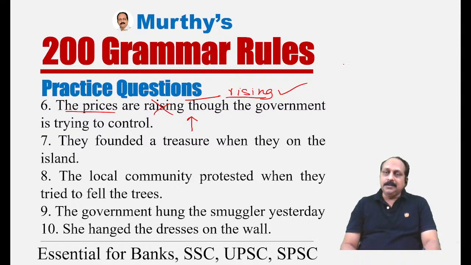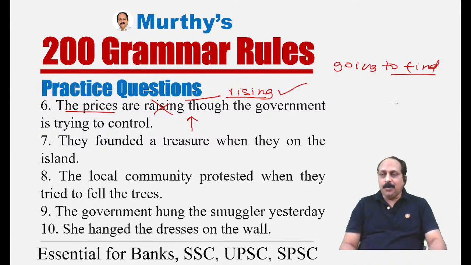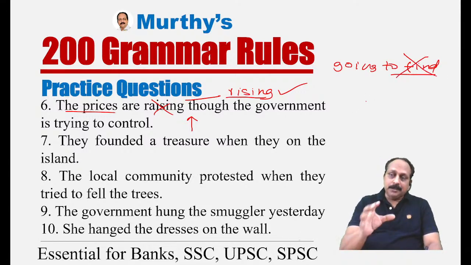Usually, what happens, going to is a helping verb in the sense it is a grammatical unit. They are going to, already you are conditioned to this expression, going to find. After to, it should be find. Not always. They are going to find the treasure.